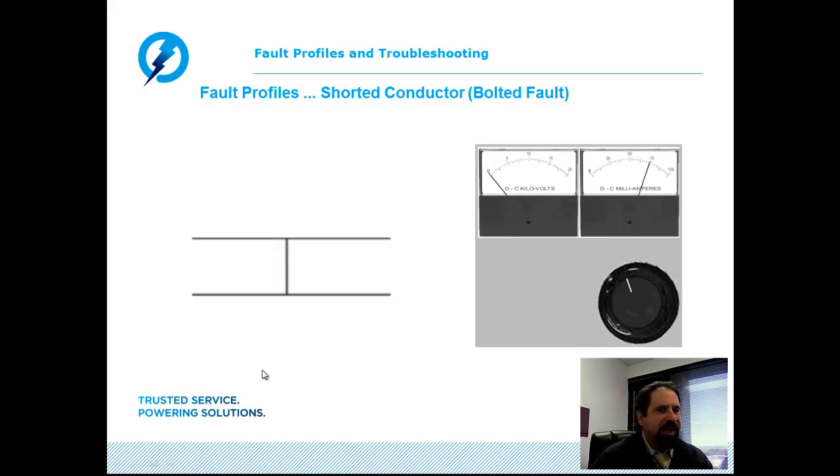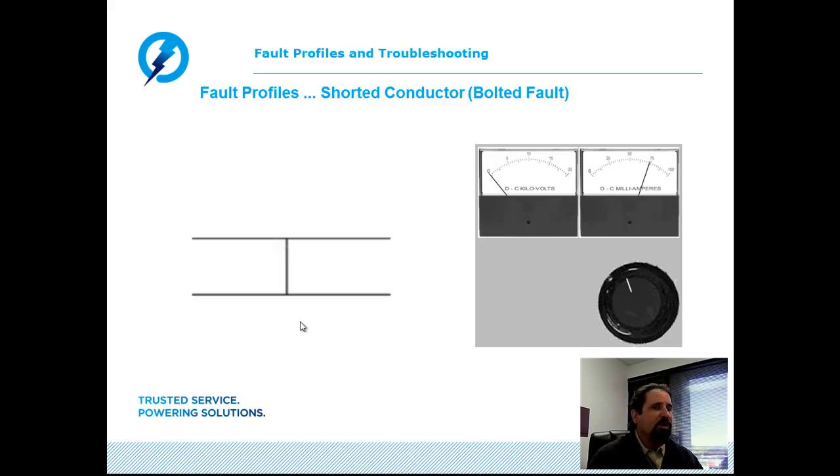The next fault that we run across upon occasion is the short circuit or the bolted fault. Now, when I refer to a short circuit in this model, what we're looking at here is a cable that has potentially taken a very high current surge. Rather than the cable blowing apart like we've seen previously in the blowout, what happens here is the insulation resistance gets destroyed, but the conductor comes in contact with the concentric neutral, basically forming just a solid loop of copper and or aluminum.